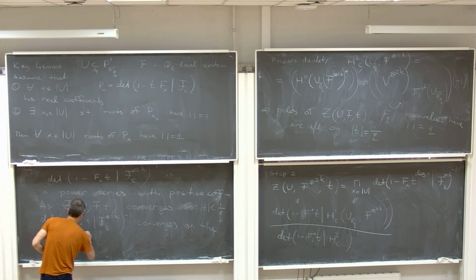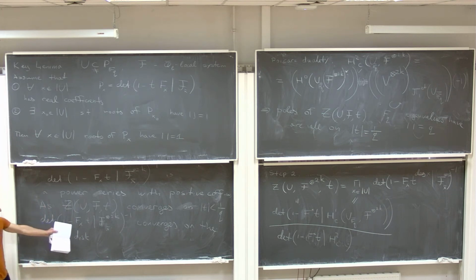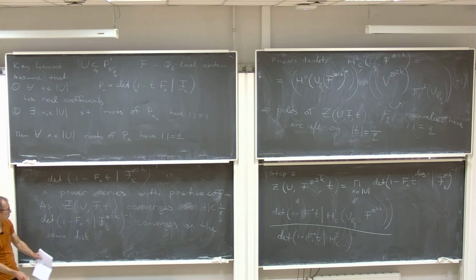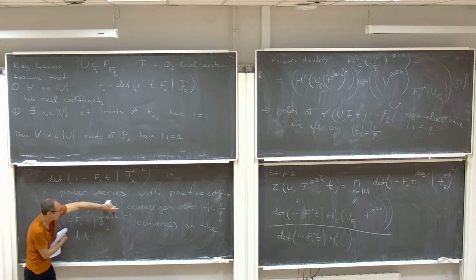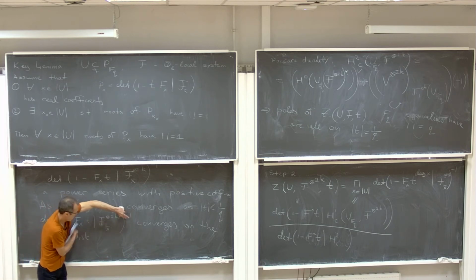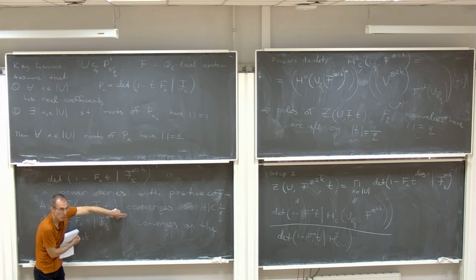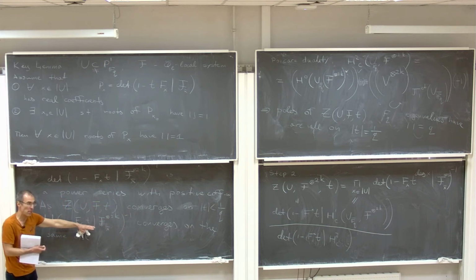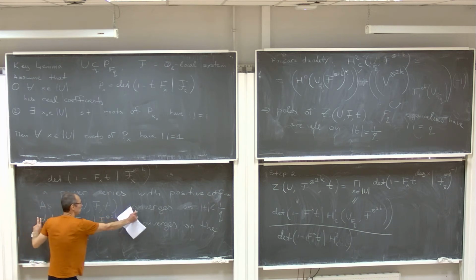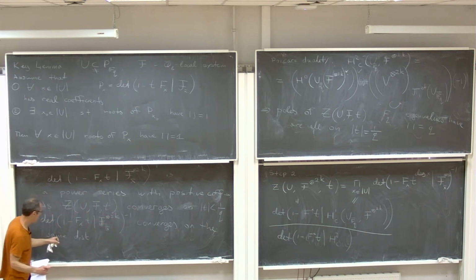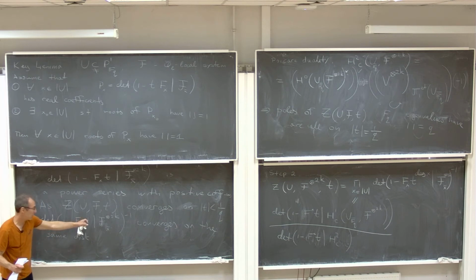Right? Now, this power series is very simple. It's inverse to a polynomial. So what it tells me is something about the zeros of this polynomial, that this polynomial has no zeros inside the disk.